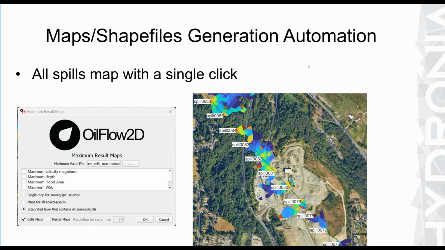So the second part of our automation that we added is the generation of maps and shapefiles. In the past, the user had to go to each of the desired maps to output, one by one. So imagine the overwhelming task of going for each of the spill locations.